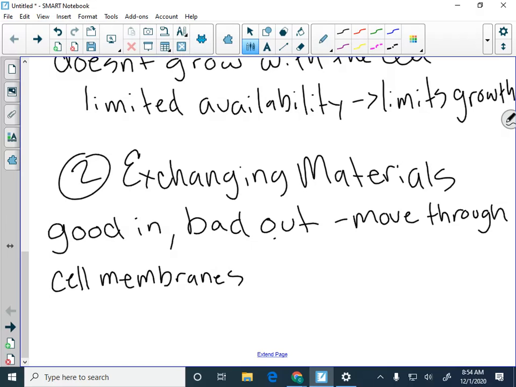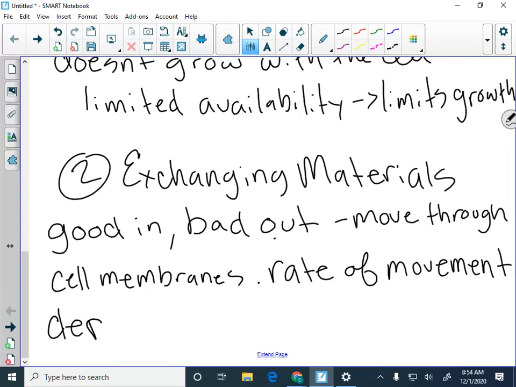We've talked about cell membrane structure, how things move, active transport, passive transport, what can be brought in and out of the cell. So the rate at which materials can be exchanged, so how fast we can get stuff in and how fast we can get stuff out, depends on surface area. The rate of movement depends on surface area.